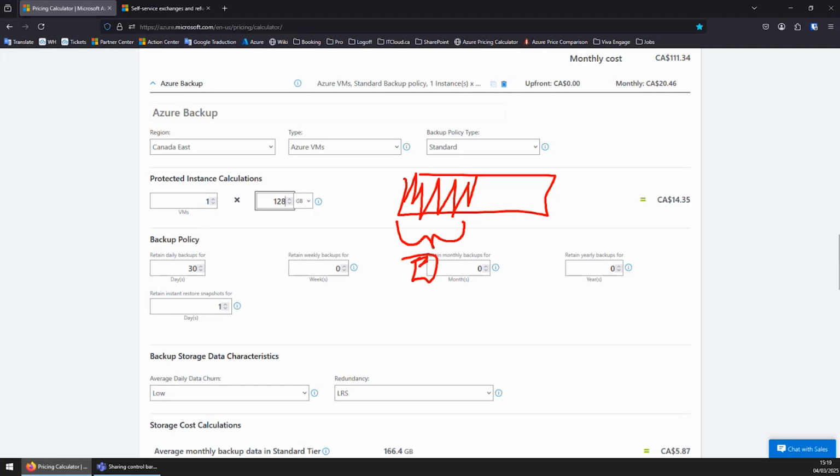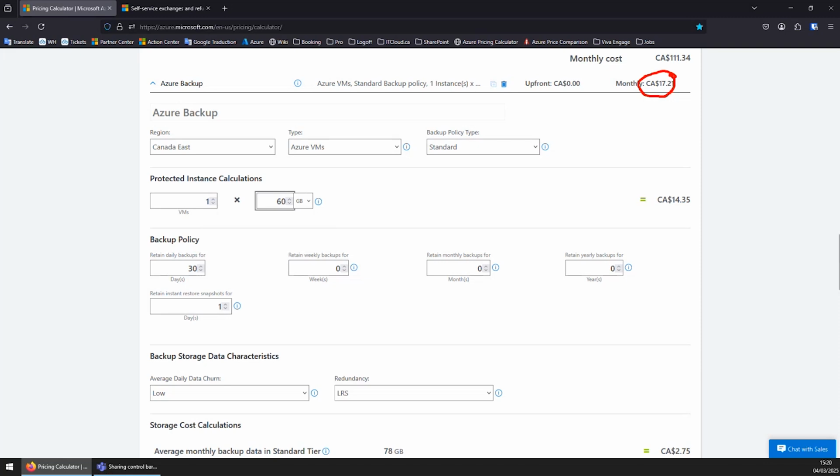So the price of the data saved will not be 100 gig. Let's see what happens to the price if I have half. Et voila. So you pay for what you use. Azure Backup is only storage usage, only that. Worst case scenario, Mr. customer, when your disk is full, you will pay for that.